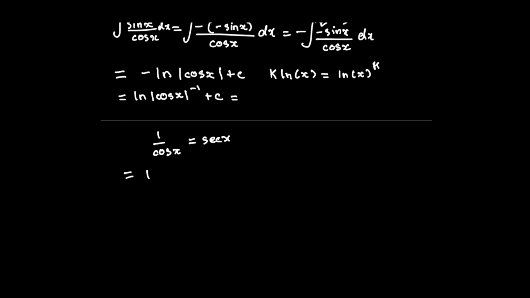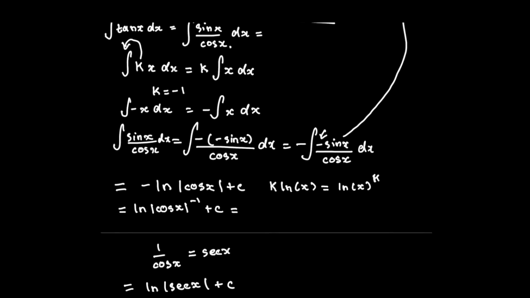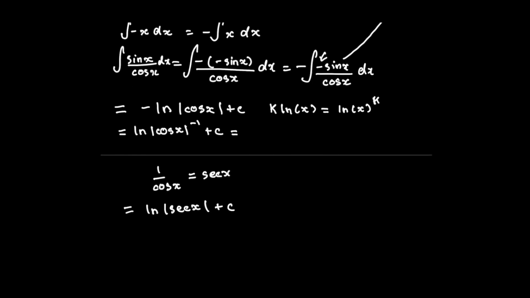Therefore, ln of secant x plus c, and we have the solution. So that's basically it. It's really simple and you don't have to really show all this working. You could probably just skip a few steps and directly achieve this result. After a few sums, you'll probably be able to do this in your head.